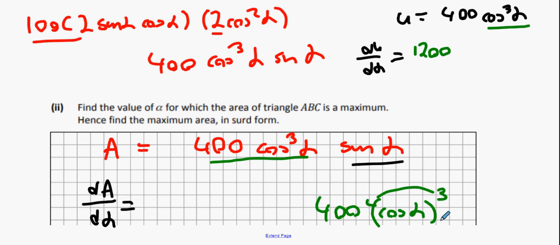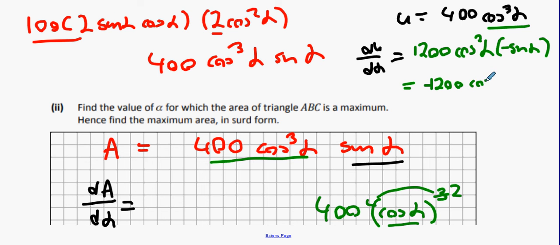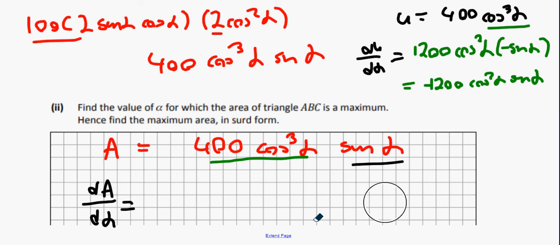You take 1 away from the power, and that leaves you cos squared alpha. You then differentiate cos alpha, what's in there, and it turns into minus sine alpha. And then you've got minus 1200 cos squared alpha sine alpha. Okay, and that's how you get du d alpha.